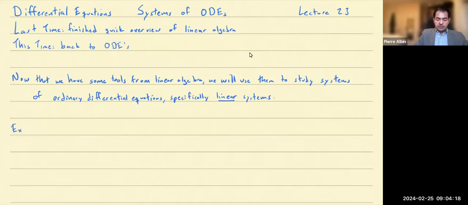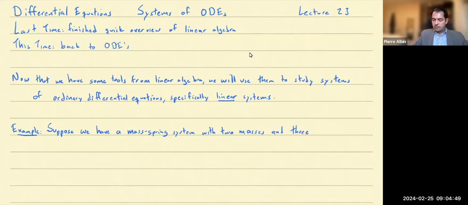So for example, suppose we have a mass spring system with two masses and three springs, as follows.